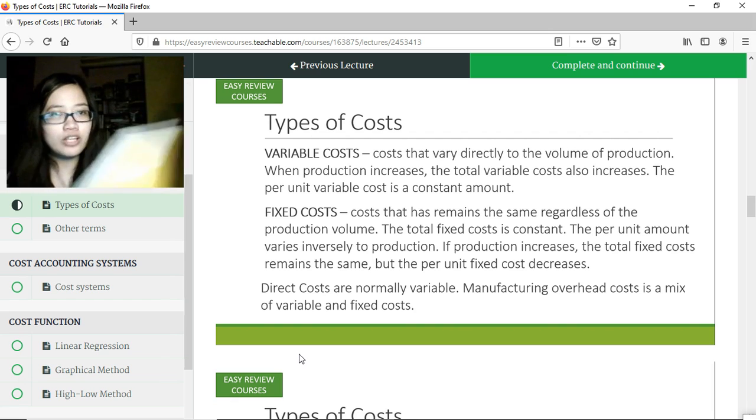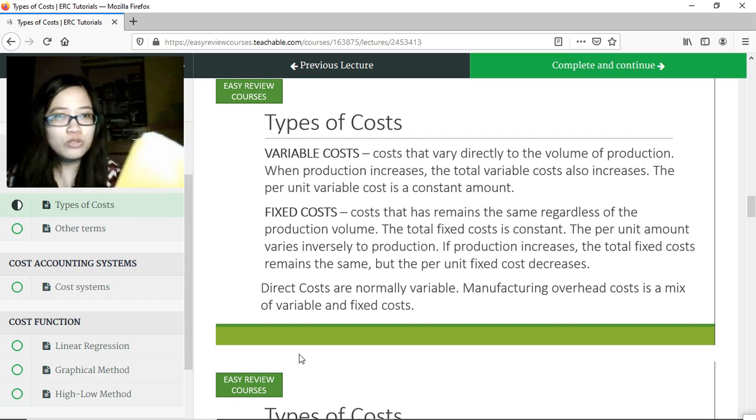Okay. For example, itong notebook natin. Pag magpo-produce ng isang notebook, let's say merong variable cost na 5 piso. Okay? So, pag nag-produce ka ng 2 notebook, ang total variable cost mo would be 5 pesos per notebook times the number of units, 2. So, 10 pesos. Right? So, ibig sabihin, constant siya per unit.